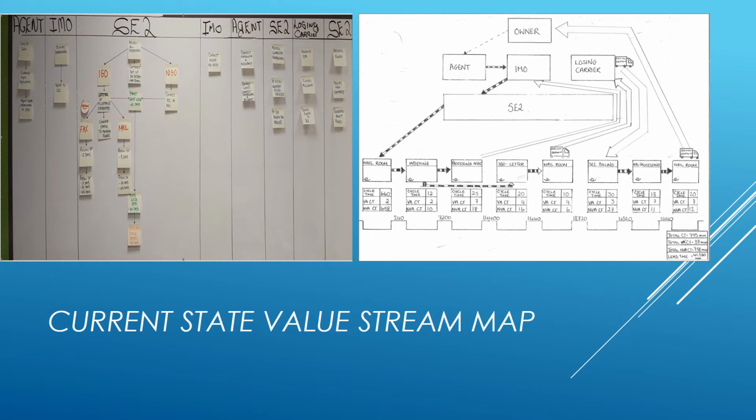If we move our focus to the diagram on the right hand side, you can see here that we have very long drawn out cycle times. Also, our lead times in between our steps are far too drawn out at times.